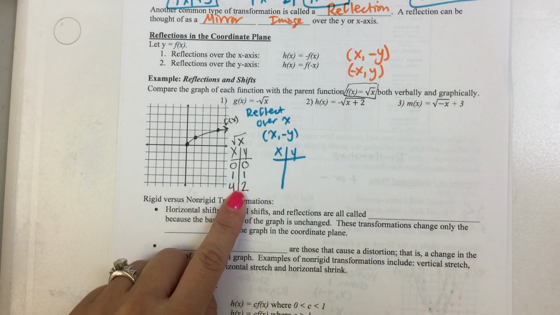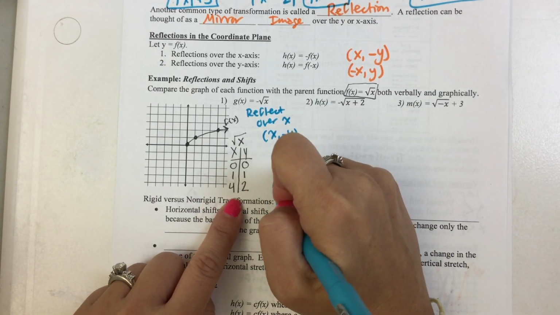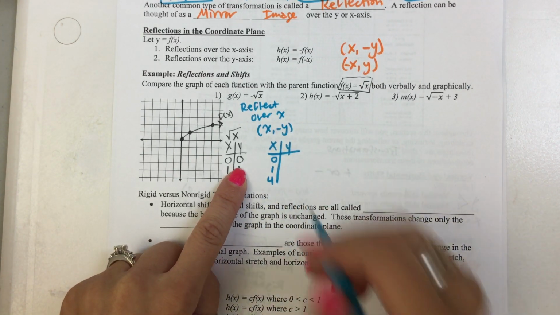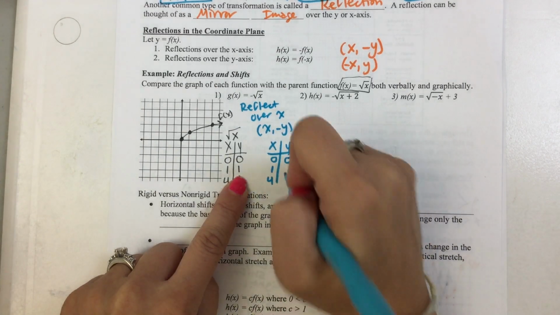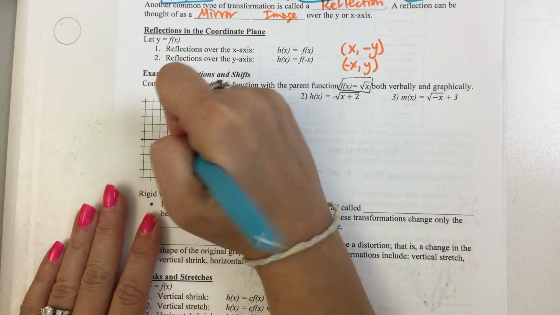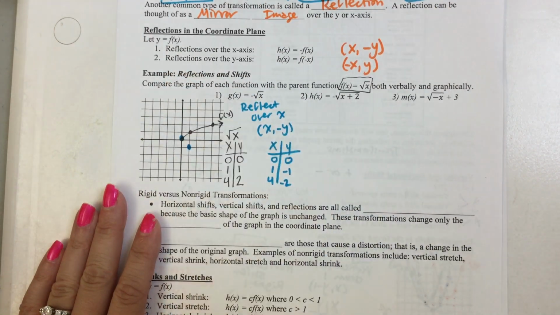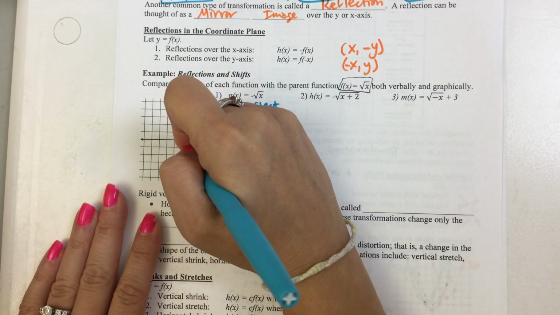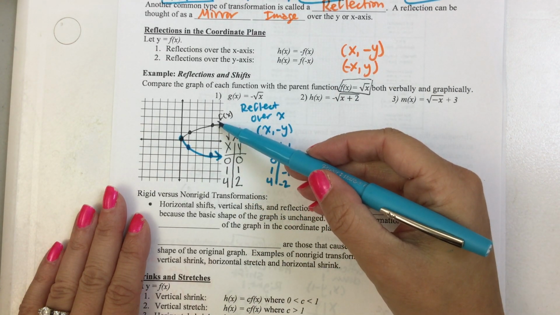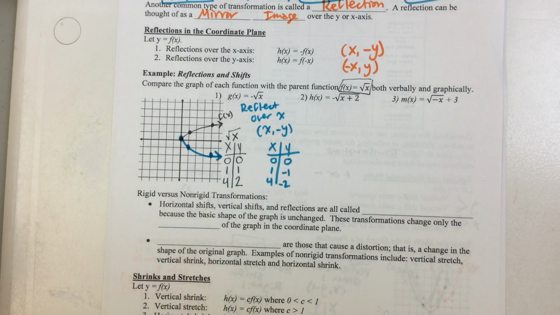So when I take these ordered pairs, the x's stay 0, 1, and 4. The y's have to change their sign. Well, there's no such thing as a negative 0, so that stays 0. 1 becomes negative 1, 2 becomes negative 2. So I have (0, 0), go to the right 1, down 1, go to the right 4, down 2. So what happened is it took this shape and it just flipped it over the x.